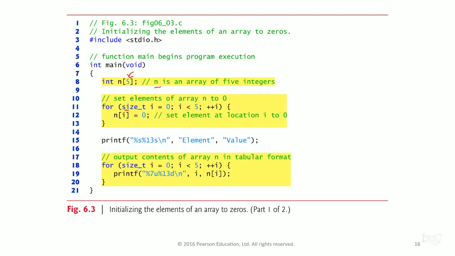And we're going up to 4 because, again, since the index number starts at 0, element number 5 will be located at index number I equal to 4. And so how does this program work? Well, at each iteration of the loop, we write this statement: n square brackets I is equal to 0. So at the first iteration of the loop, I is equal to 0, so we get n[0] is equal to 0.